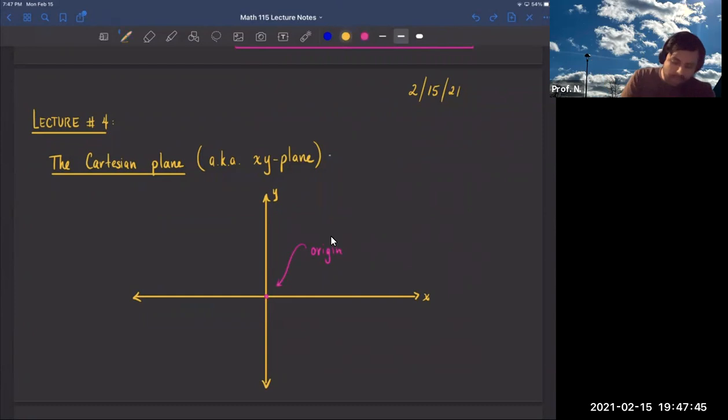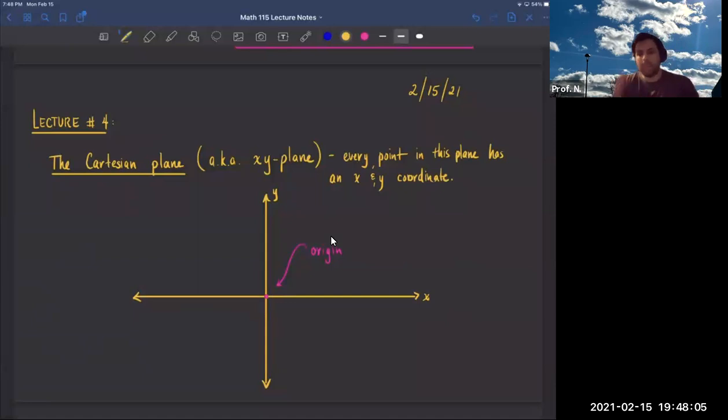So let me just say that every point in this plane has an x and y coordinate. To define the middle point of this Cartesian plane, we call it the origin, and the coordinates are 0, comma, 0. One way to consider this plane is as if you had two number lines.